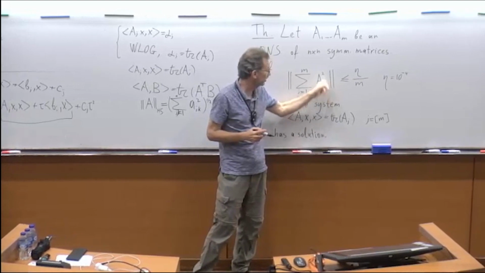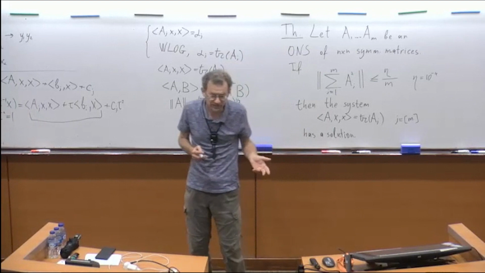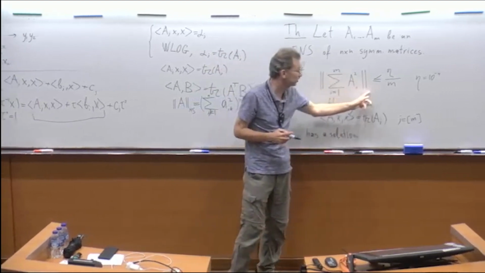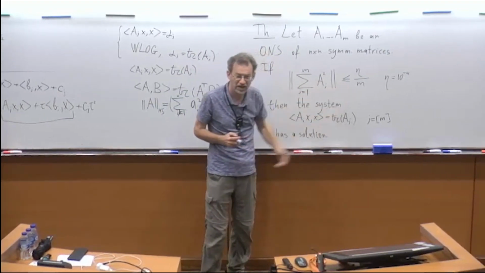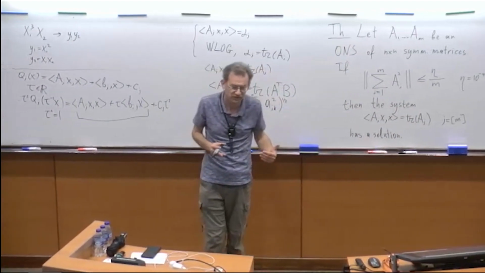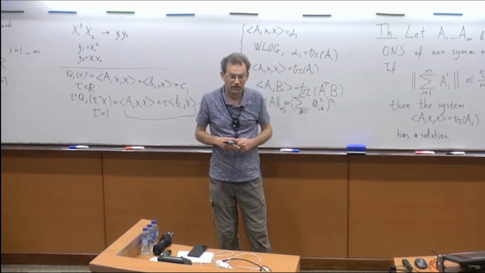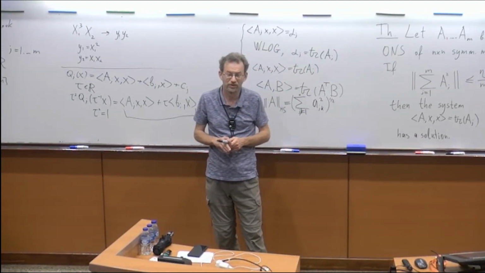AJs are symmetric, AJ squared are positive semi-definite, so the norm is actually the largest eigenvalue of this matrix, and evaluating or estimating the largest eigenvalue is efficient. Okay. Any questions about the formulation?